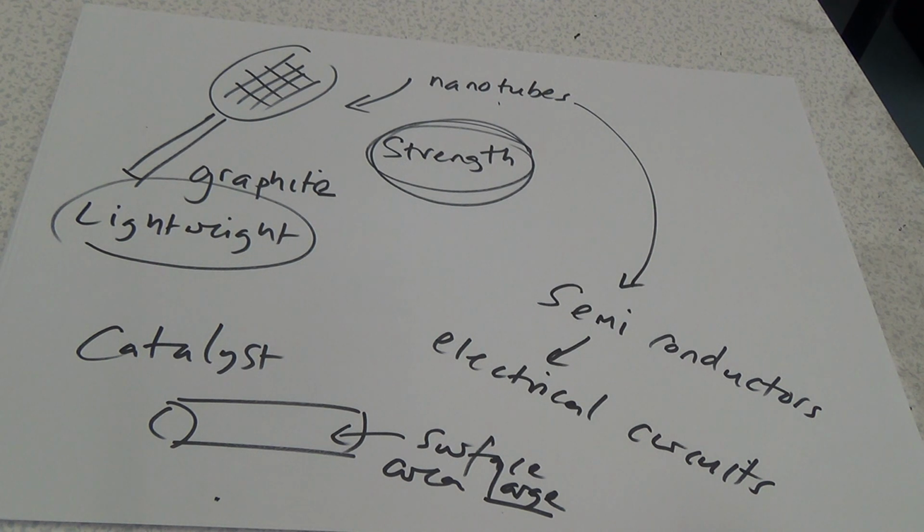Another key area is in terms of medicine, and it's something that's being investigated in terms of delivery systems. There are certain medicines, for example, that you don't particularly want going directly into the body and affecting all the tissues in your body.